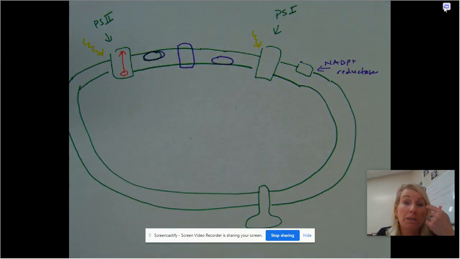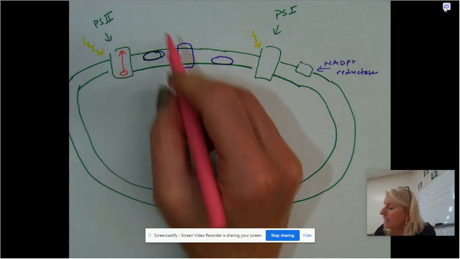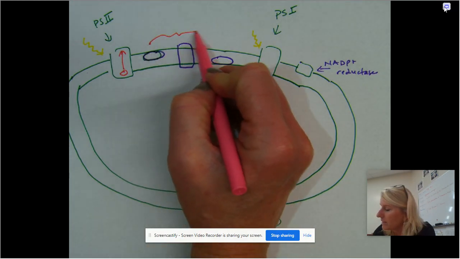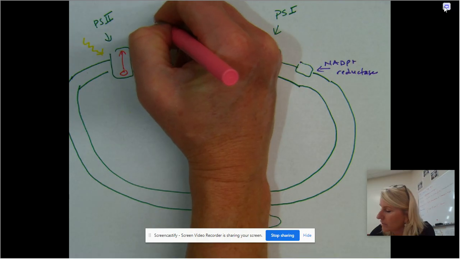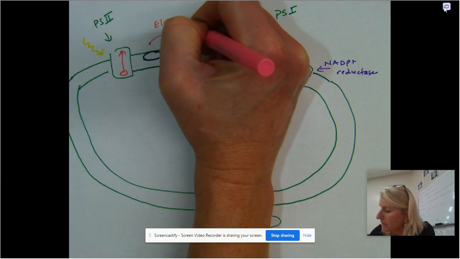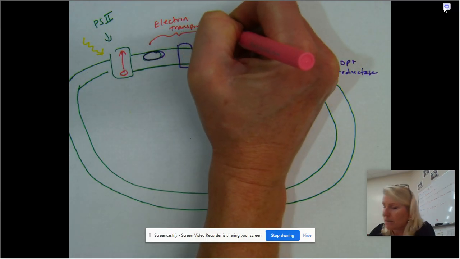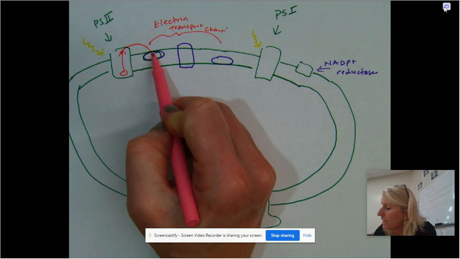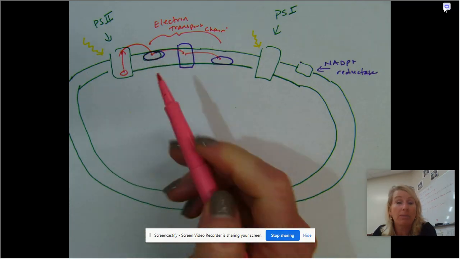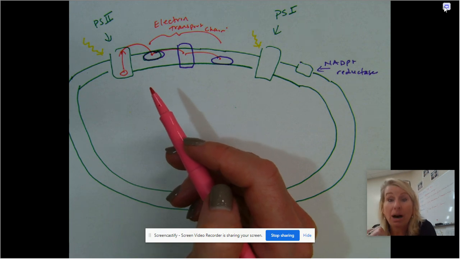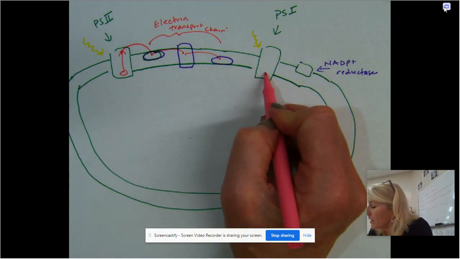And so this electron goes on a journey and it's going to go down, and I'm going to mark this as the electron transport chain. The electron's going to jump up and go wee, wee, wee, like the three little pigs, down the electron transport chain. Meanwhile, the same thing happened over here.